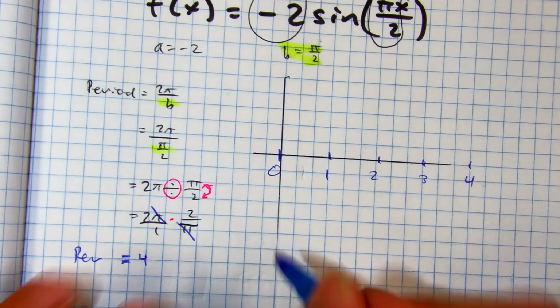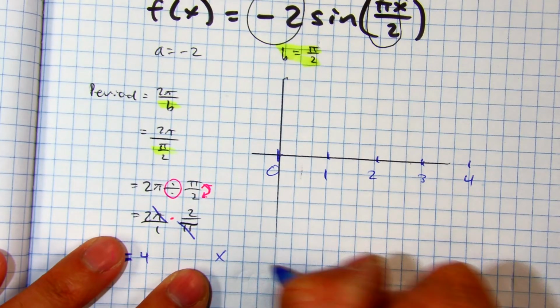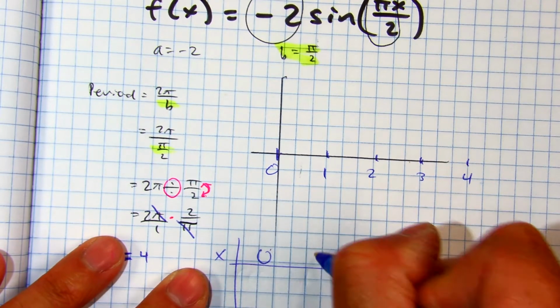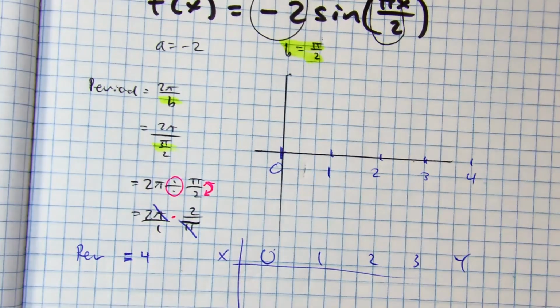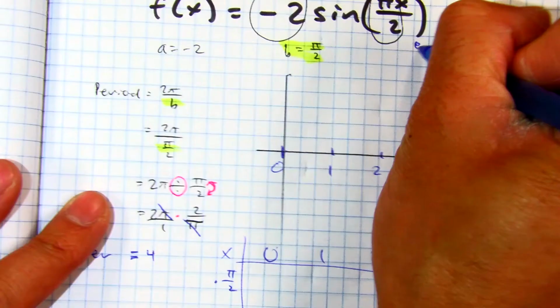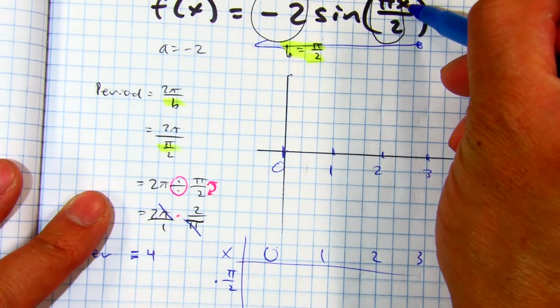Let's make our x values. Ruben, what do I do with those x values? Times it by pi over 2. Correct. As I go from right to left, I'm taking this x value and multiplying by pi over 2.